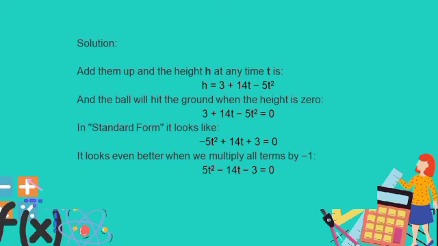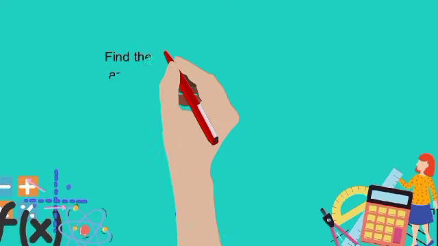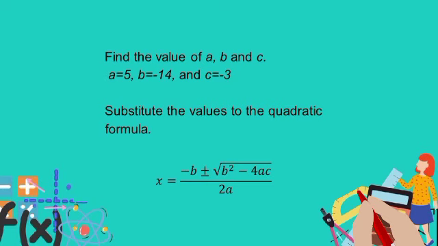But it looks better when we multiply the terms by negative 1. It equals 5t squared minus 14t minus 3. And now we need to find the values of a, b, and c, which are a is equal to 5, b is equal to negative 14, and c is equal to negative 3.